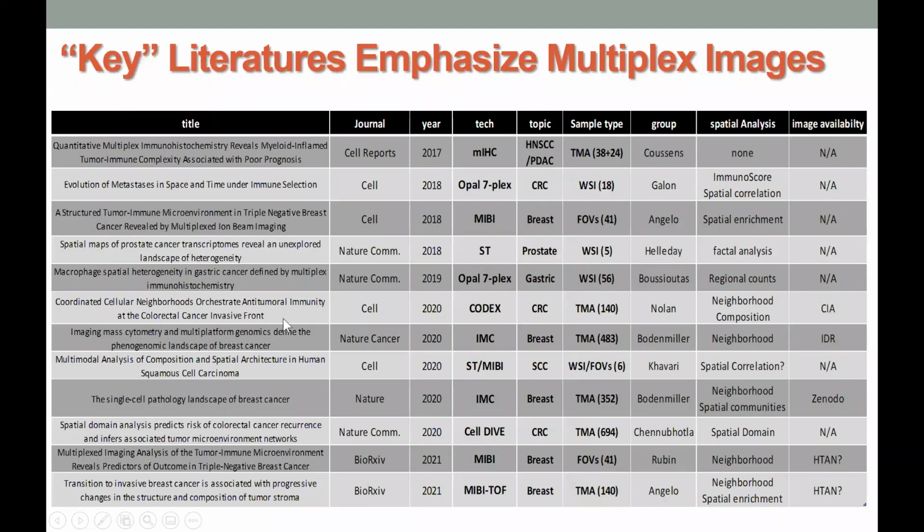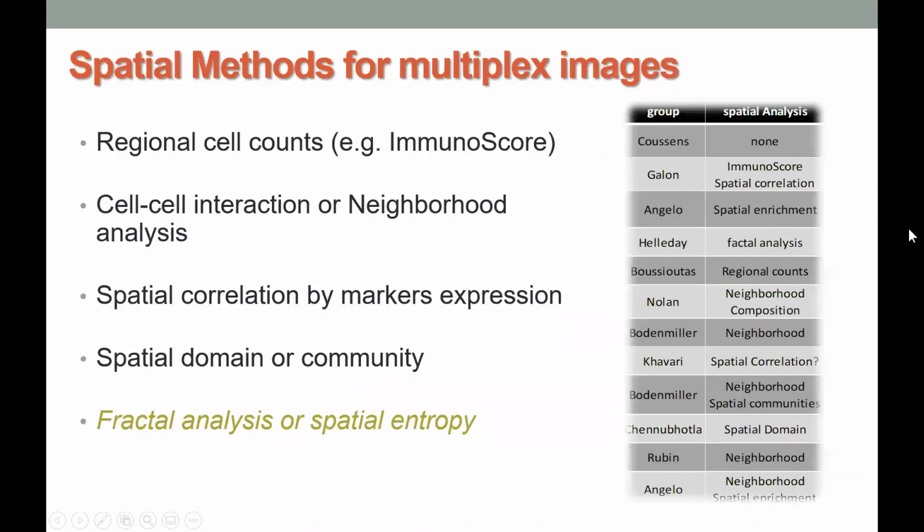And here again, I just want to use a summary table to show some important papers that use multiplex imaging as a main modality to ask biological questions, so we can learn what kind of analysis methods they have used, especially the spatially encoded analysis methods. The few categories of spatially encoded information you can use start with something as easy as regional cell count.